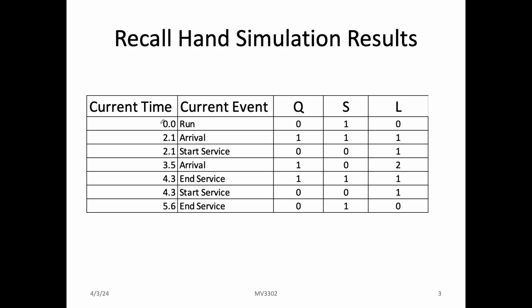So here it jumped from 0 to 2.1, and then it's sort of stuck at 2.1 for one iteration. That sometimes happens. And then it jumped to 3.5, then 4.3, stayed there for a little bit, and then we ended at a time 5.6. So we could have gone on, but I think hopefully you got the idea of how to do that.